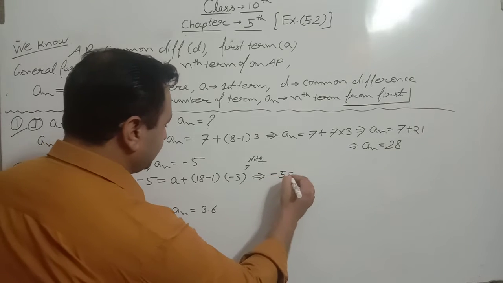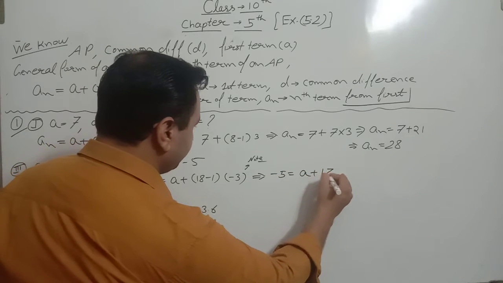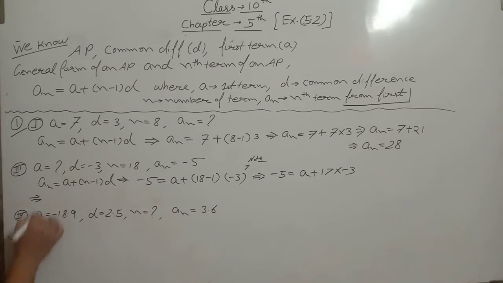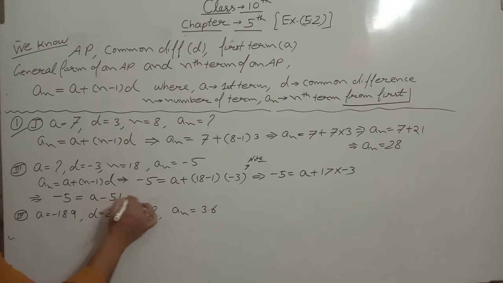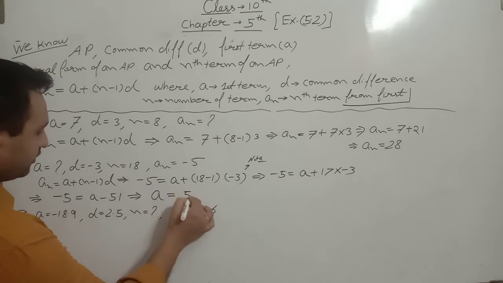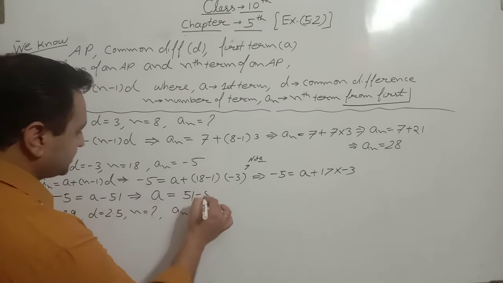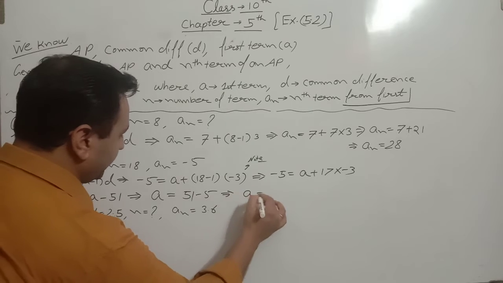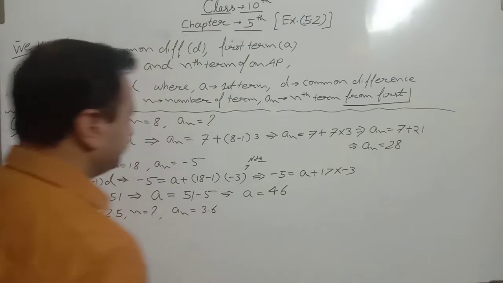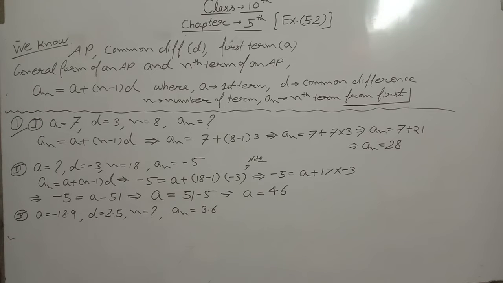Minus 5 is equal to a plus 17 multiplied by minus 3, minus 5 is equal to a minus 51. So what is the value of a? Plus 51 and minus 5. So a is equal to 46.